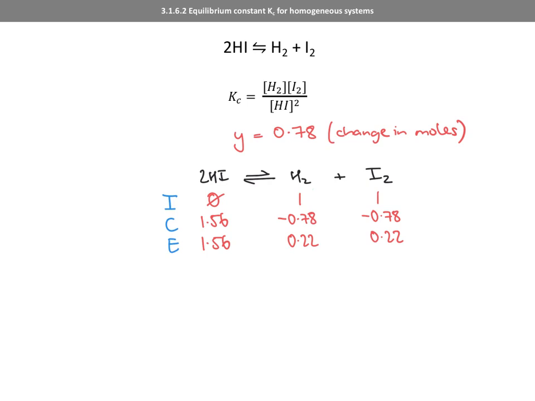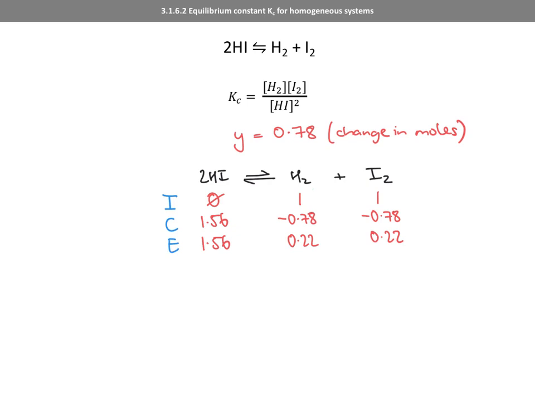Now, this question was extremely kind, in that when it gave us the original information, the volume that they gave us was 1 decimeter cubed. So to work out the concentration, it would be the number of moles divided by the volume, and the volume is 1. So actually it's very straightforward now to give the equilibrium concentrations for each of these substances, because it's going to be the value that we've got in terms of moles at equilibrium.